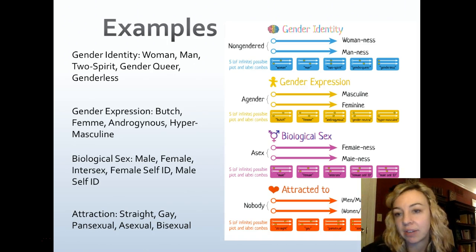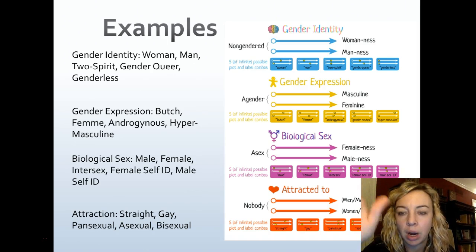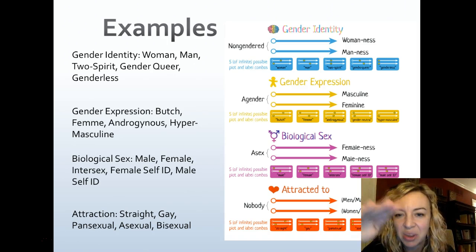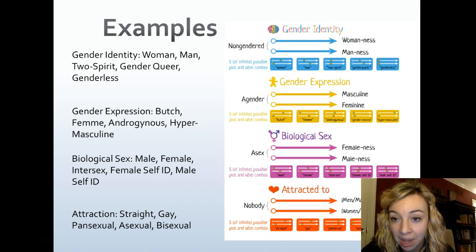So I identify as a woman. I would be high on woman, pretty low on man, and so I would just be a woman, right? There are going to be men who are really high on manness and low on womanness, and then they're men. But those are the ones that we're more familiar with.